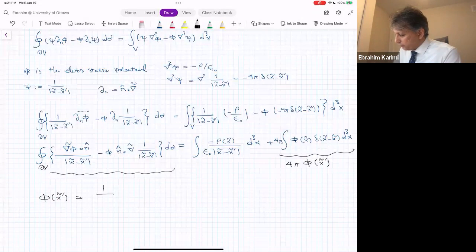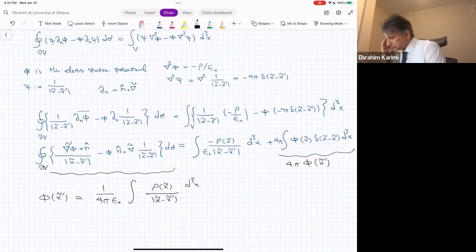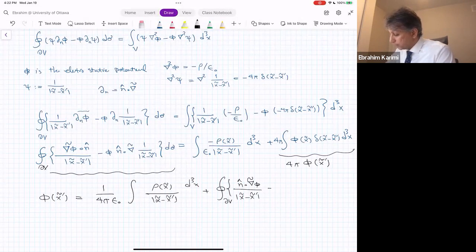Will be 1 divided by 4 pi epsilon naught, integral of, the negative sign will go away, plus integral on the surface of V, n dot gradient of phi over |x minus x prime|, minus phi, n dot, what is going on with the gradient of 1 divided by |x minus x prime|?